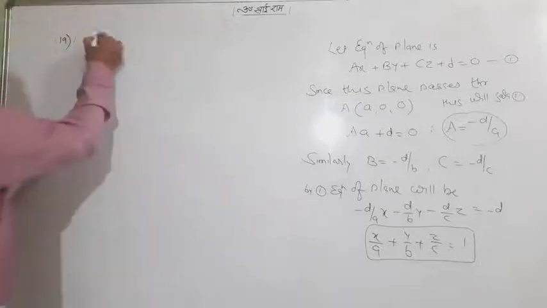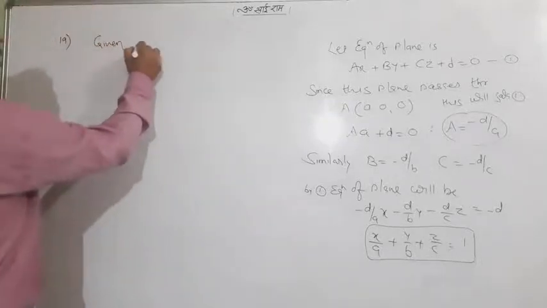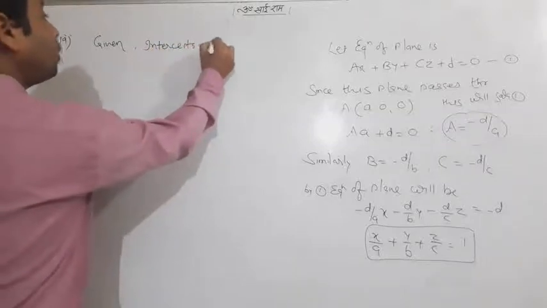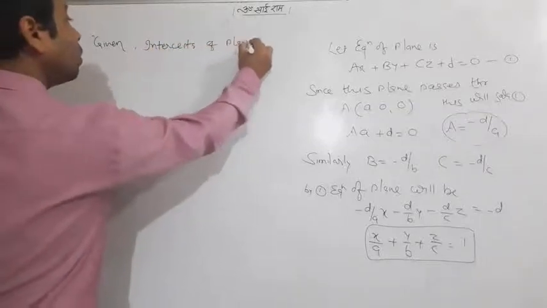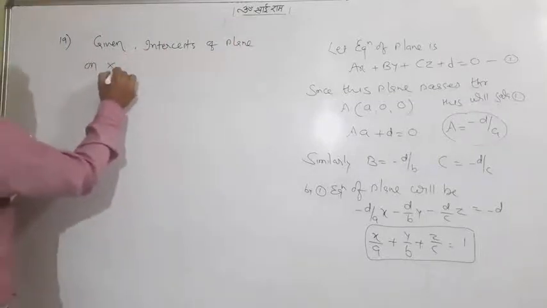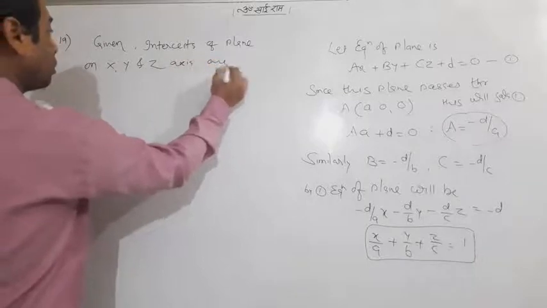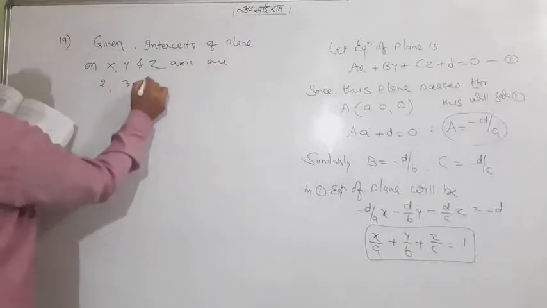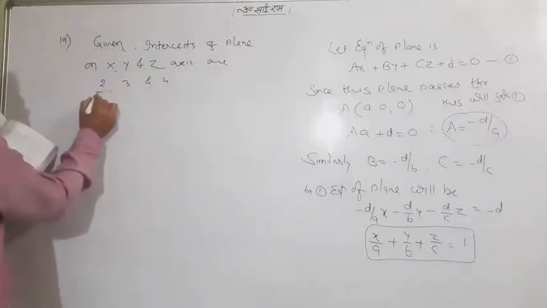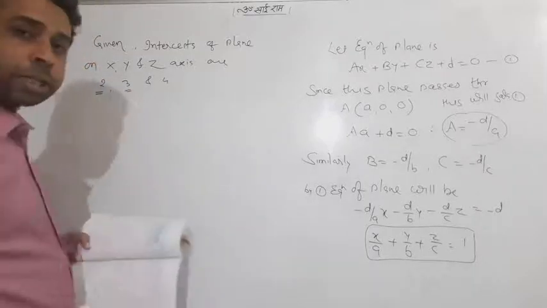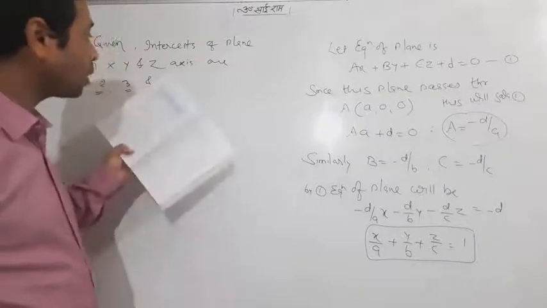So intercepts are given. Given intercepts of the plane on x, y and z axis are 2, 3 and 4. So this is the intercept on x axis, which is small a. This is the intercept on y axis, which is small b, and this is small c.